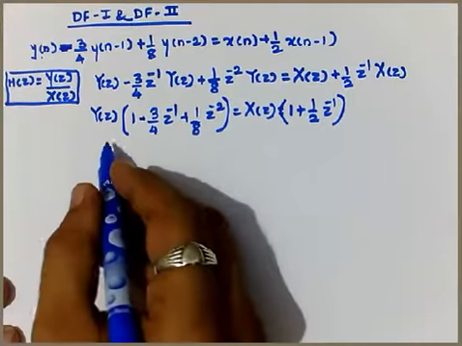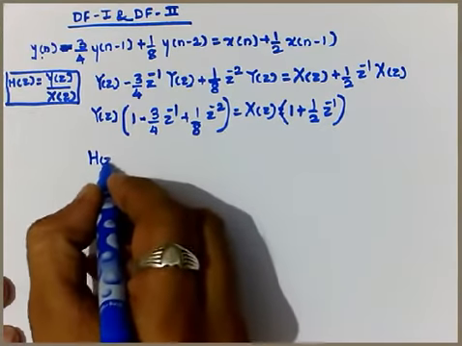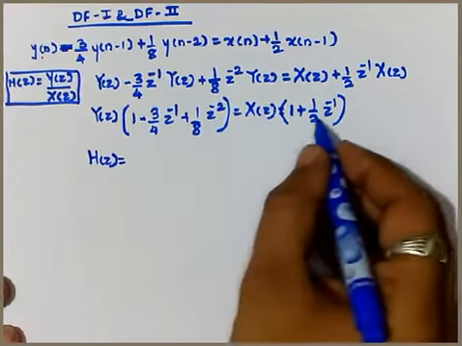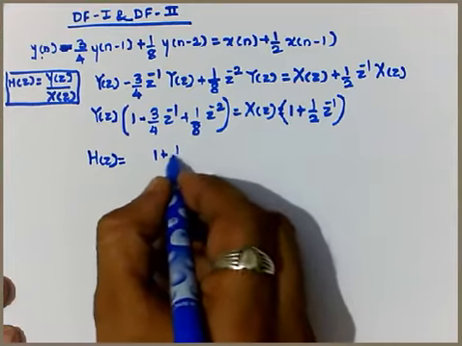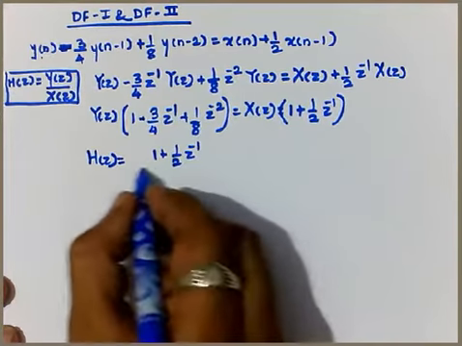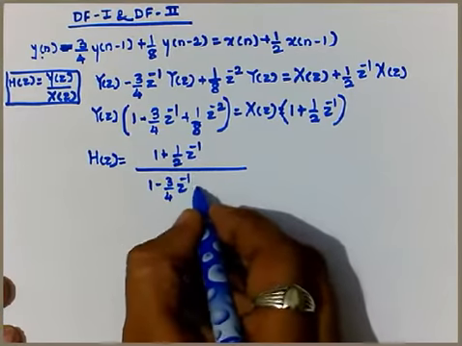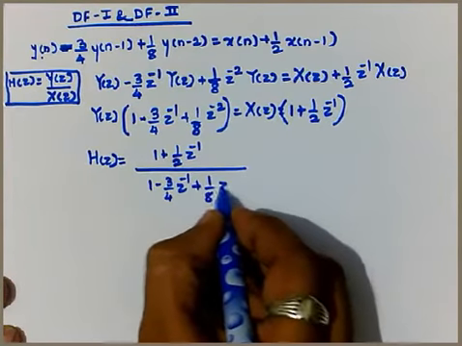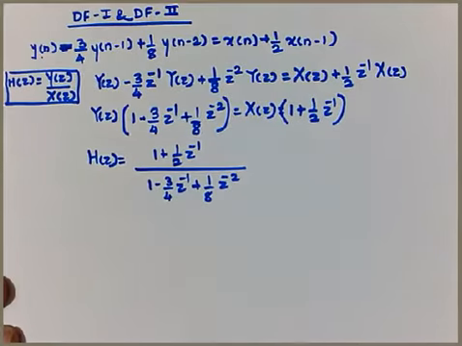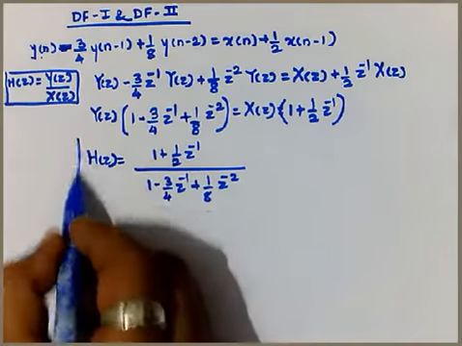So Y of z by X of z, which is H of z, is nothing but 1 plus 1 by 2 z inverse by 1 minus 3 by 4 z raised to minus 1 plus 1 by 8 z raised to minus 2. This is the H of z with us.